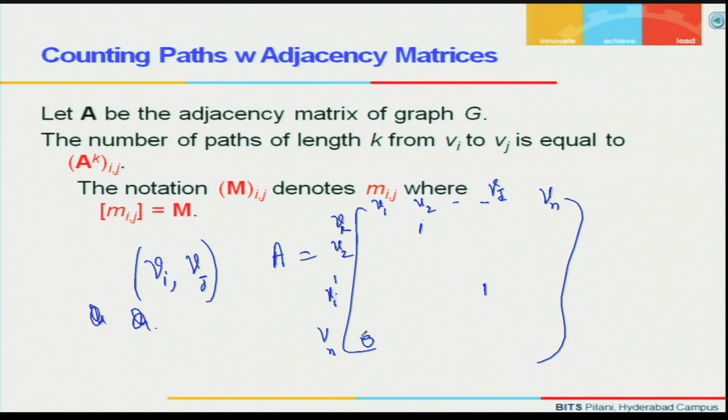So here, once you find A, you can find A square, A power k, you can find the product. A square is nothing but the product of A with A, A cube is nothing but the product of A square with A. Similarly you can find A power k.